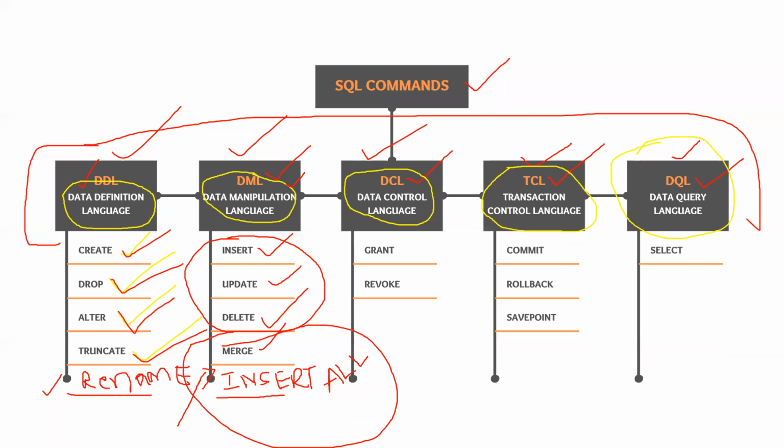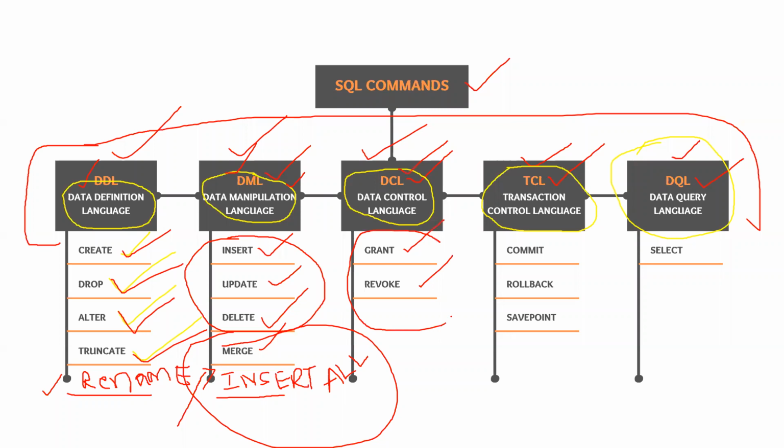So DDL commands are 5 types: create, drop, alter, truncate, and rename. DML commands are 5 types: insert, update, delete, merge, insert all. DCL is the data control language. We have grant and revoke only.